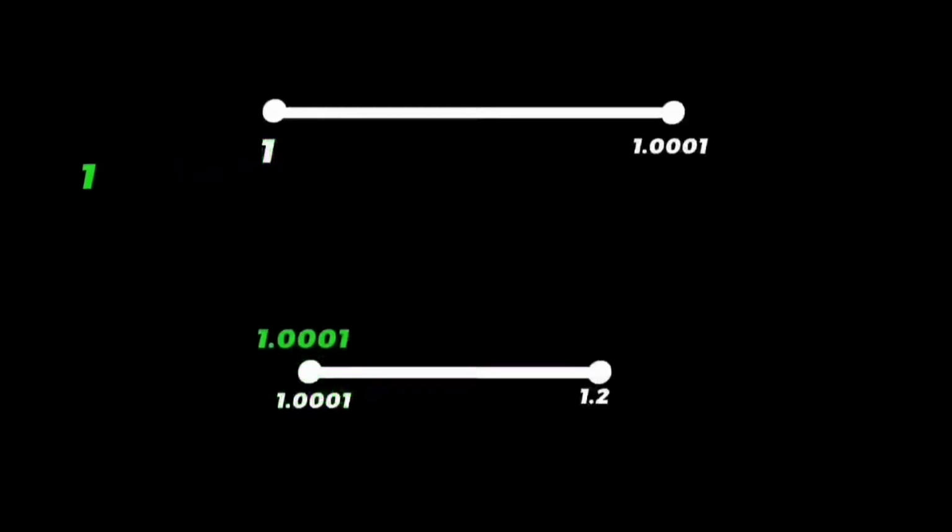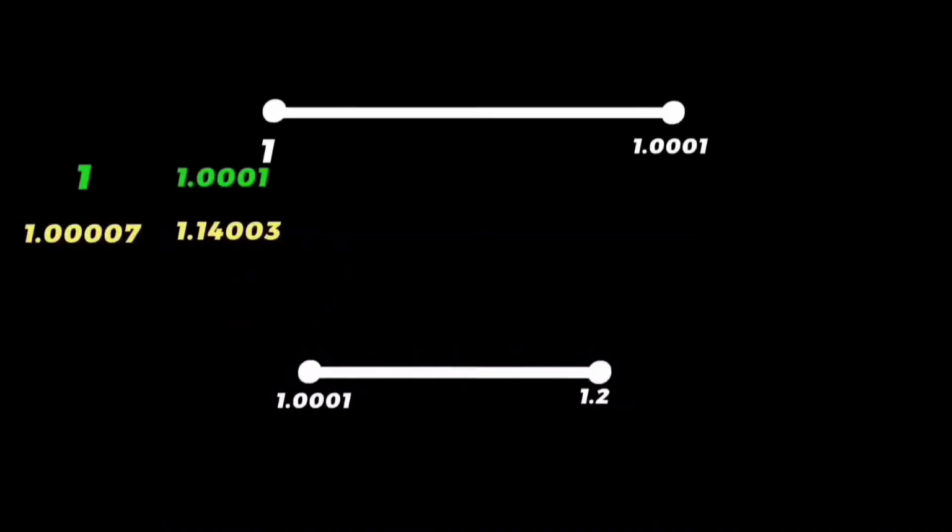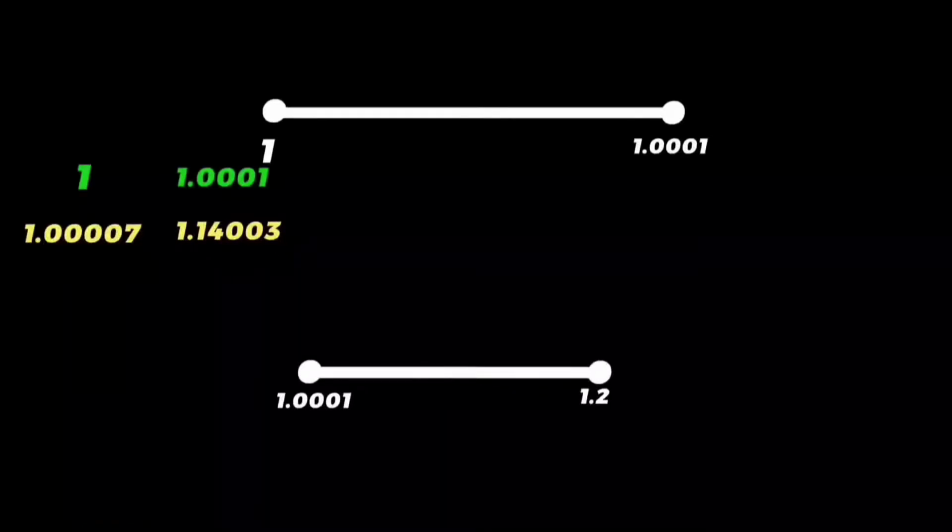The counterpart for 1 is 1.0001. The counterpart for 1.00007 is 1.14003. And so on.